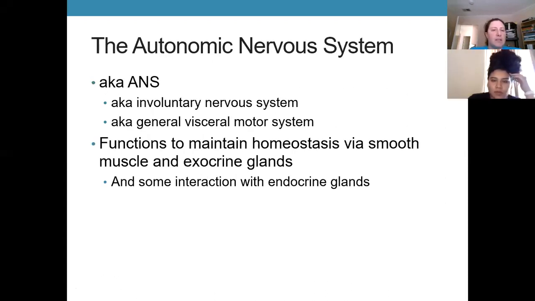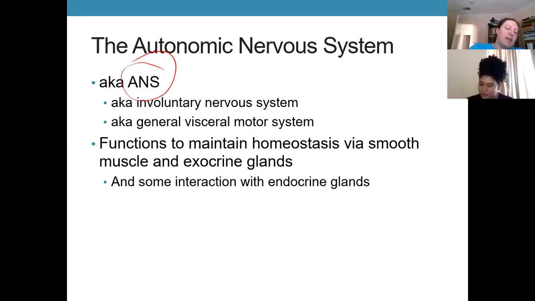So autonomic nervous system has a couple of different names. You can abbreviate it to ANS. It's been called the involuntary nervous system. And also because the effectors are generally in the viscera, the internal organs, it's also been called the visceral motor system.